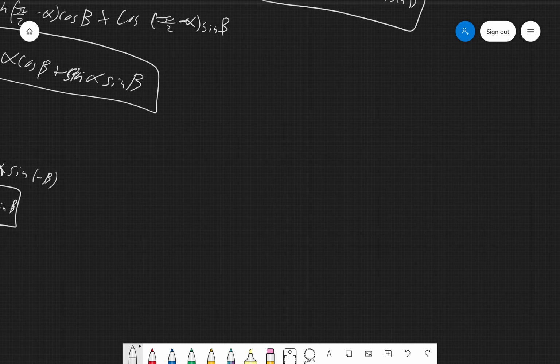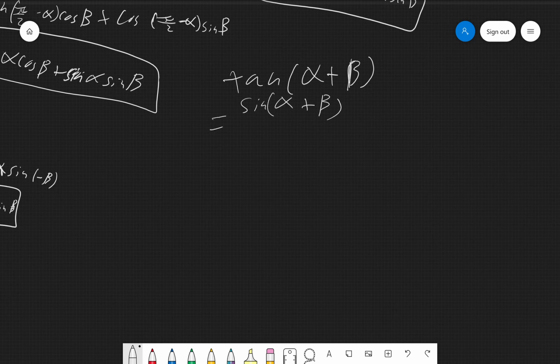The tangent of alpha plus beta is equal to the sine of alpha plus beta over the cosine of alpha plus beta.